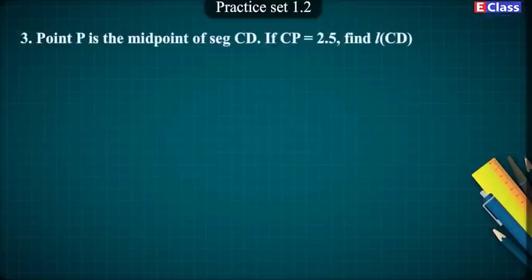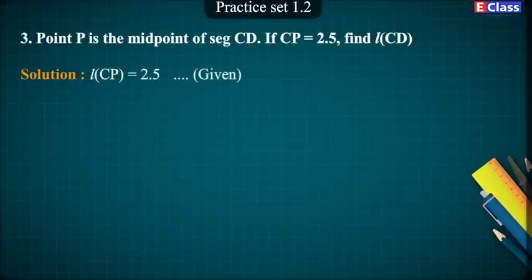3. Point P is the midpoint of segment CD. If CP is equal to 2.5, find the length of CD. Solution: length of CP is equal to 2.5, which is given.